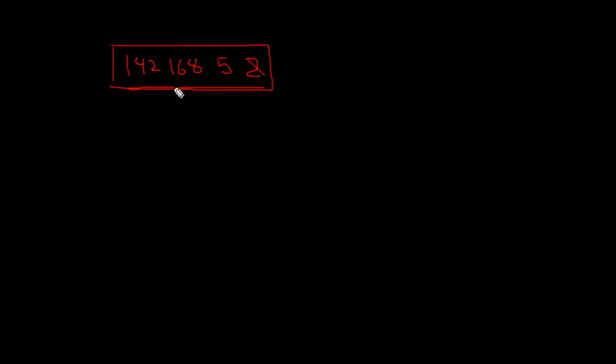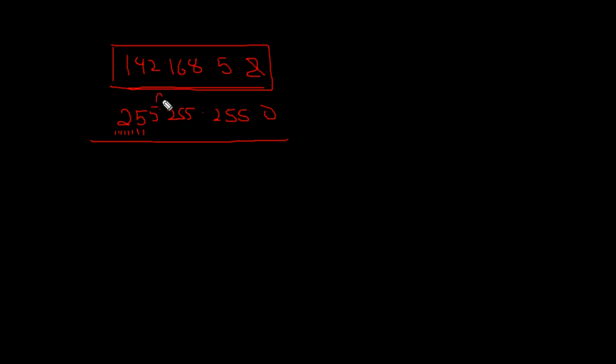Now, what is the network address? To find the network address, we have to use the default subnet mask, which is 255.255.255.0. You have to convert both to binary. 255 means 8 ones, 1, 2, 3, 4, 5, 6, 7, 8.